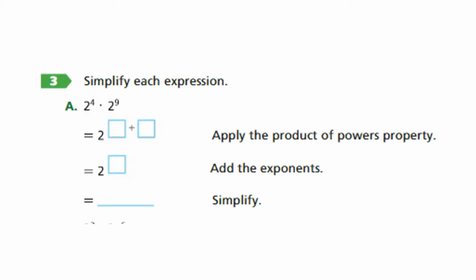So in this question, look, first try to understand which property you can use over here. You can see that the two bases are the same and there is a multiplication in between them. So it means you are going to use the product property. We write the base the same and we add the powers.